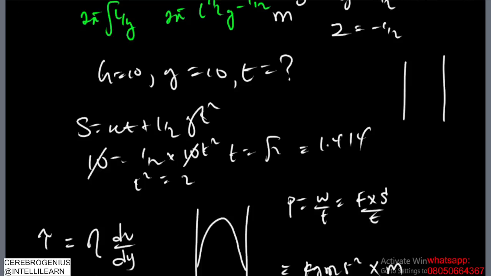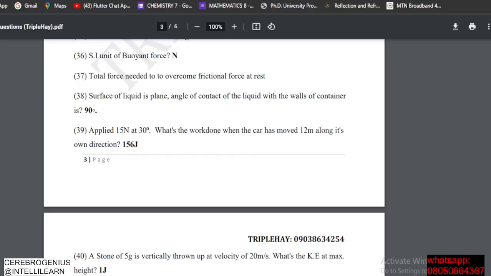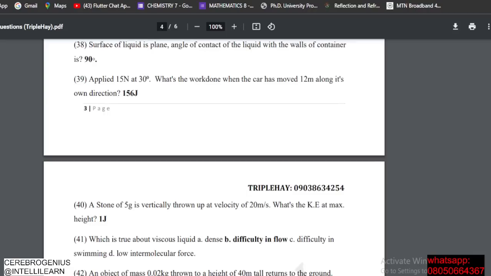Then the liquid surface is flat. So we have this is the surface. You want to draw a line that is parallel to the surface of the liquid. You still draw this line. So you now measure this angle. So the angle is going to be what? 90 degrees.